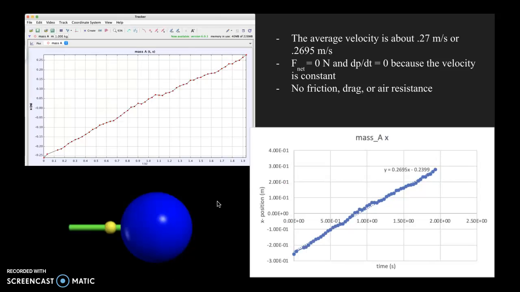As we move on, I have my graph that I created in Excel based on the observations. And you can see here that with a line of best fit, it really does look like a real position versus time graph for a constant velocity object. And I found the average velocity to be about 0.27 meters per second.